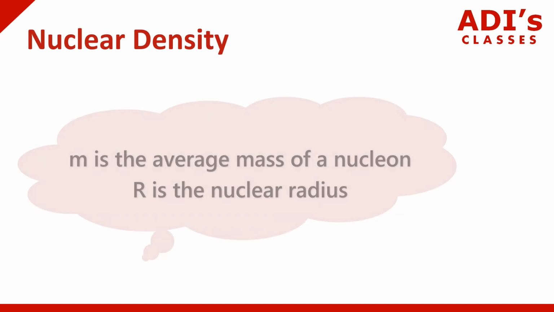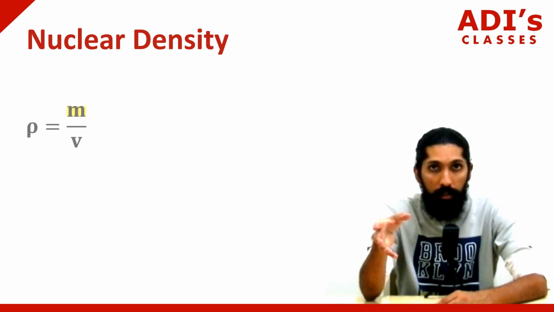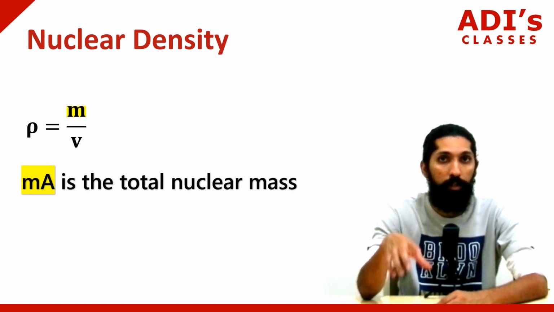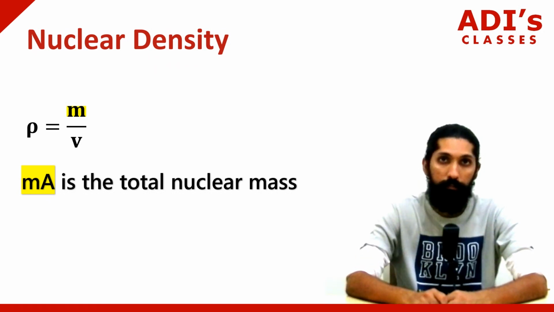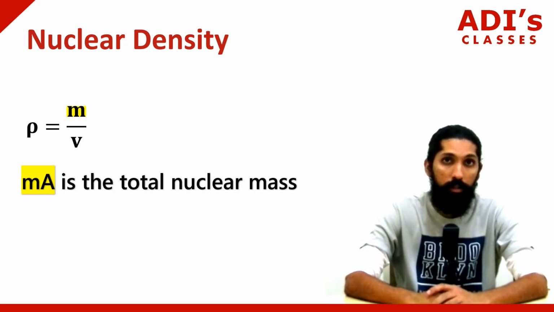So what we do is we take m as the mass of one nucleon. One nucleon, in the sense, one proton or one neutron. Now r is the radius of the nucleus, and A is the atomic mass, so mA becomes the total mass of the nucleus, or you can say the total mass of all the nucleons.